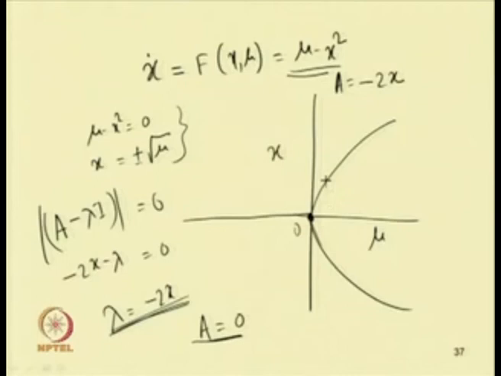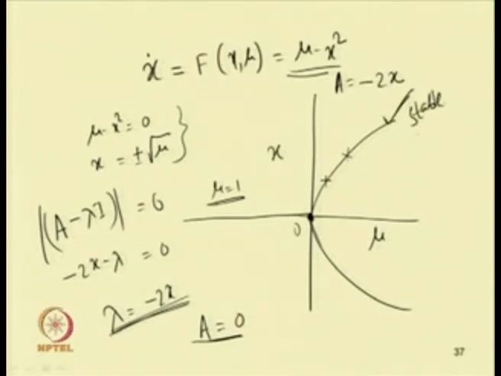If mu is positive, then x equal to plus minus root over mu. Let us take mu equal to 1, for example. Then x becomes plus 1 and minus 1. For x equal to plus 1, lambda becomes minus 2. For the other point, lambda is plus 2. So, as the eigenvalues are negative, this branch is a stable branch.